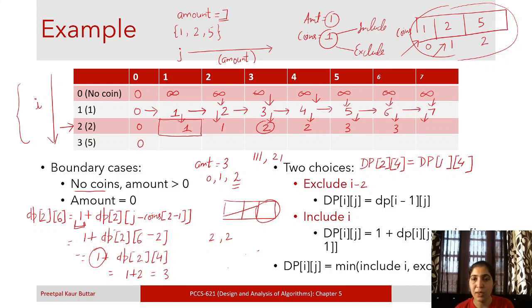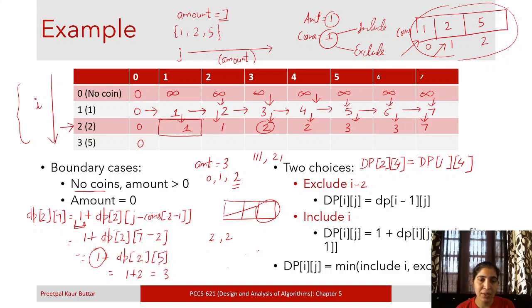Similarly, we move here. If we do not include a 2 rupee coin, we will need 7 1 rupee coins, and if we include a 2 rupee coin, then we add 1 coin to the solution and the amount which is left is 5.